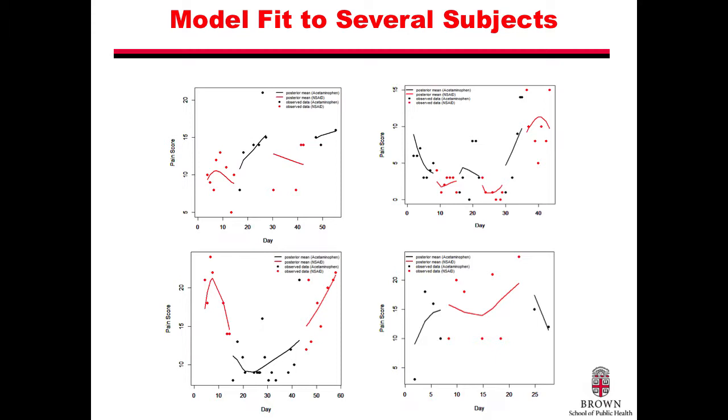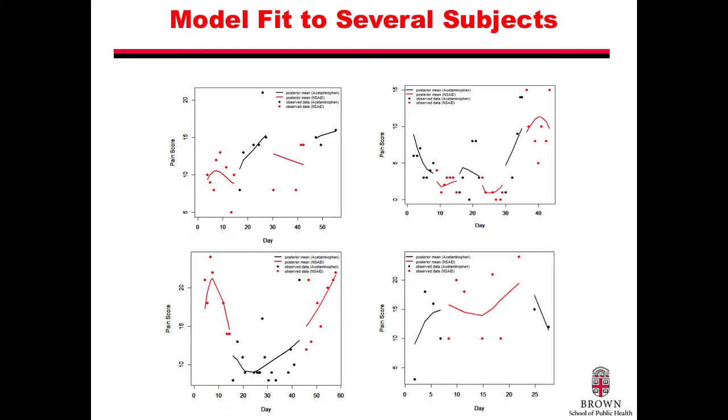Here, if you just did a standard t-test comparison, comparing means, it would appear that the red treatment is better than the black. On the other hand, if you look at the time trend, there's a U shape, which might indicate that this patient is cycling from high pain to low pain back to high pain. So when we do the adjusted analysis here, there's no treatment effect at all because it's basically explained by the time trend. So this is somewhat problematic for a single individual.